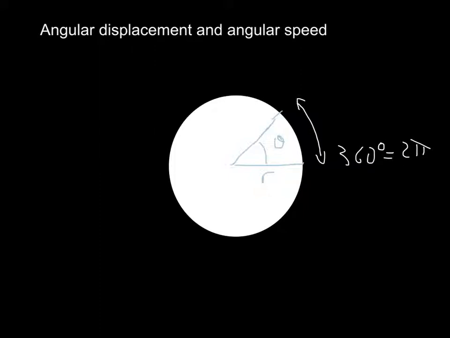So, simple. For every 360 degrees, we have 2 pi radians. So for 180, we will have pi radians. Which means that this angle is 2 pi radians, this angle is pi radians, this one is pi half radians, this one is pi quarters, and so on. So this is just a conversion. It's a simple proportionality problem. And you can understand it this way if you find it easier.